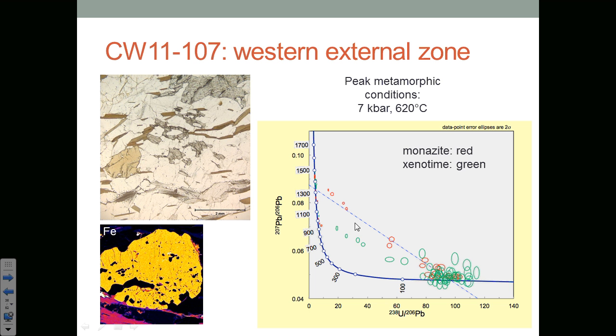Here the red is monazite, the green is xenotime. And what you can see here on the Concordia diagram is that it looks like there's actually two different mixtures, one between a Cretaceous component and a 1.3 to 1.4 component, and then a second mixture that is a Grenville age 1.1 component, and it's mostly recorded in the xenotime.